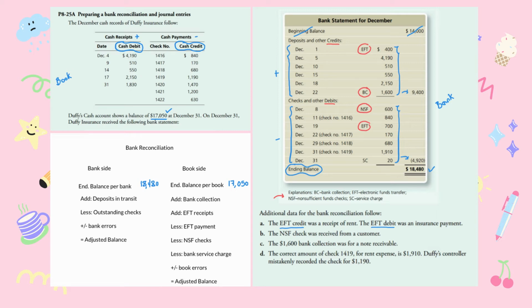So now I'm going to compare the cash receipts recorded in my book with the cash receipts recorded in the bank. If the transaction is recorded in both sides, we're going to cancel it. I need only the transactions that were recorded in one side, not recorded in the other side.